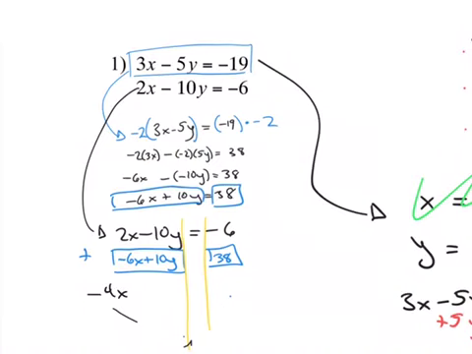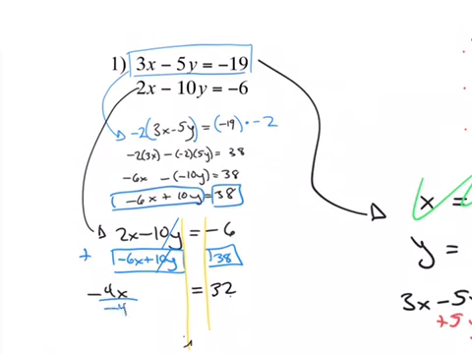And then I'm going to get negative 10y plus positive 10y. That means I'm going to eliminate my y variables. When I add them, they'll make a zero pair and be eliminated. And then negative 6 plus 38 gives me positive 32.